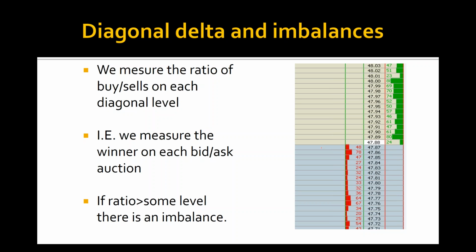So here we're going to bring back our DOM chart from Sierra again. Here we're going to get interested in what's happening between here and here, and this diagonal stuff here.